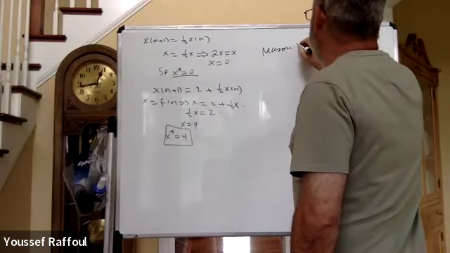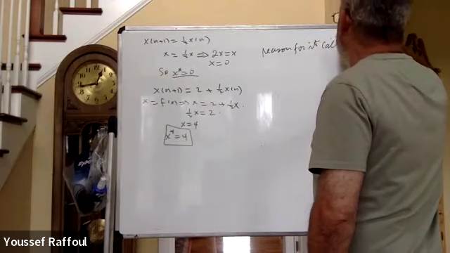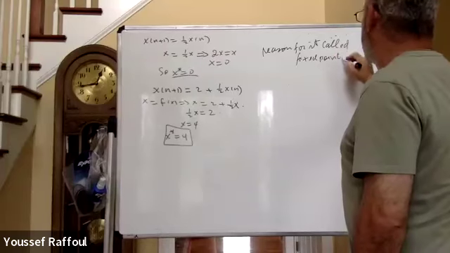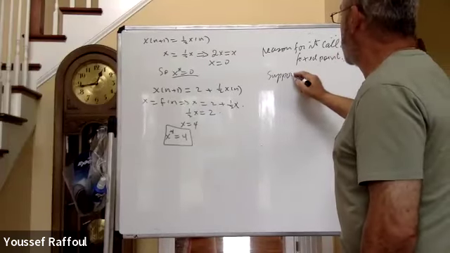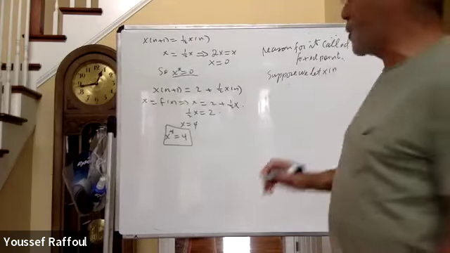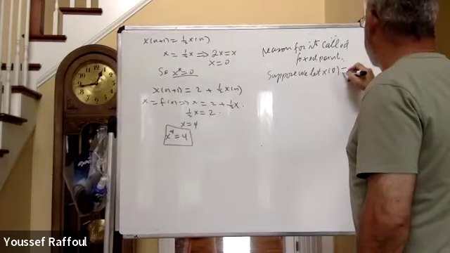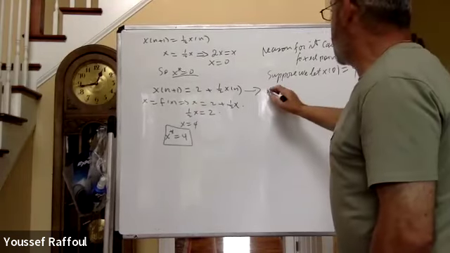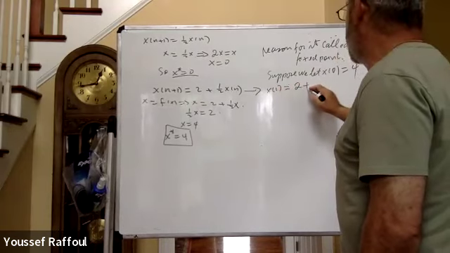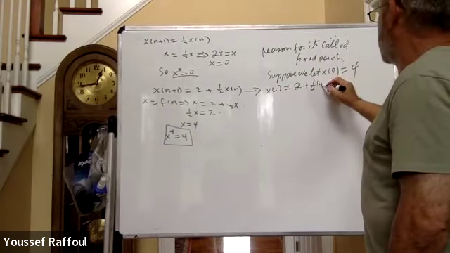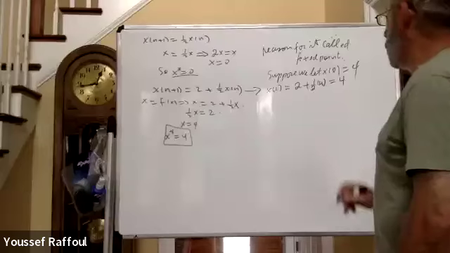Now, the reason it is called a fixed point: suppose we let x(0) equal 4. Then x1 equals 2 plus 1/2 times 4, and that is 4.